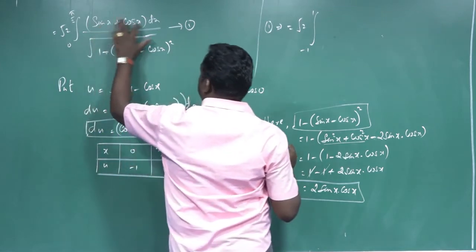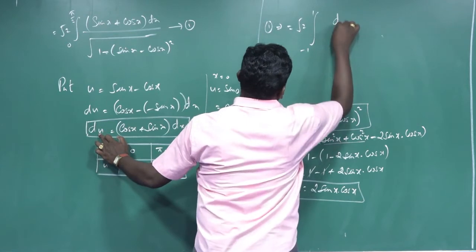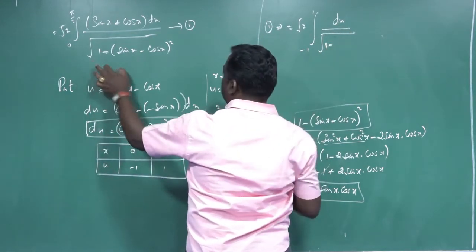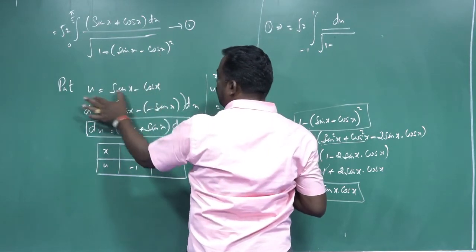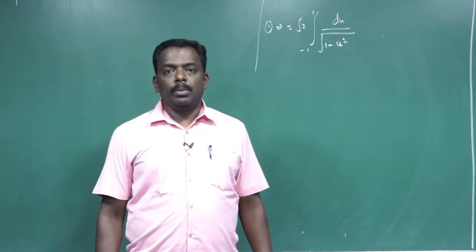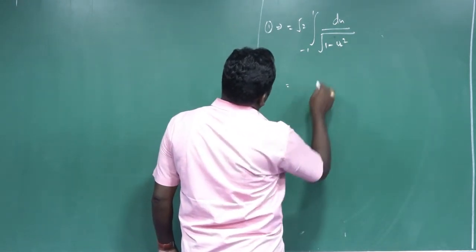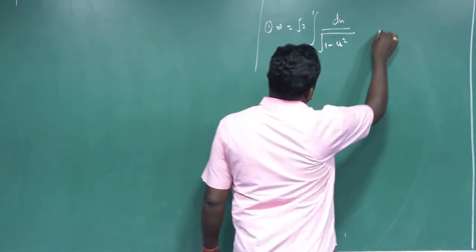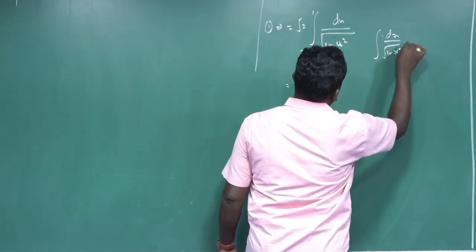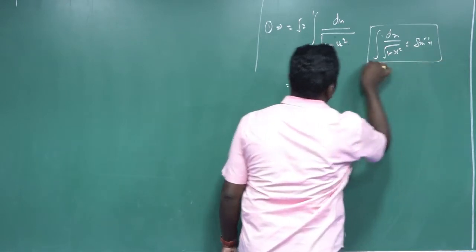Then sin x plus cos x into dx we can write as du, divided by the square root of 1 minus u squared, since this total term is considered as u. This is the integral of dx by square root of 1 minus x squared, which equals sin inverse of x.